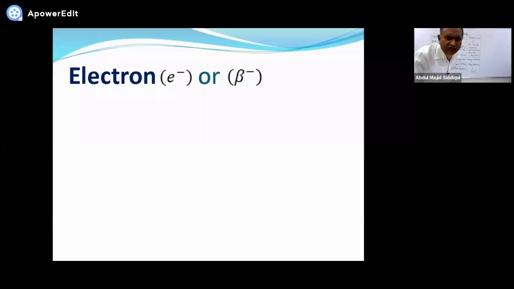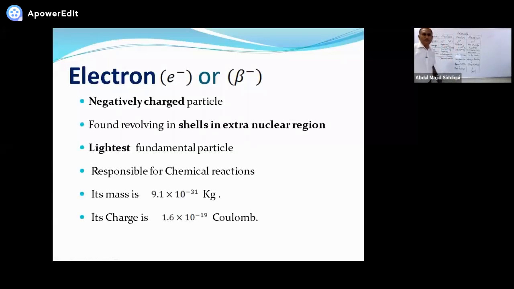You can take the screenshot. Take the screenshot. More or less same. That is in comparative form of electron particle. This is separate. I will be quick.